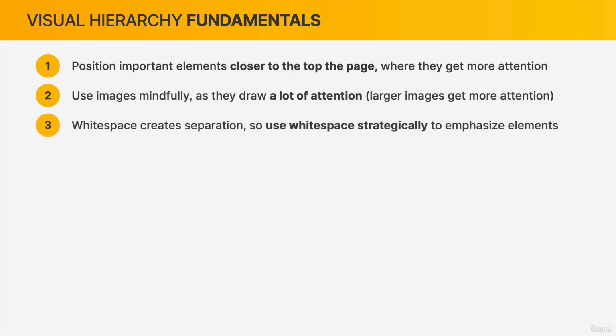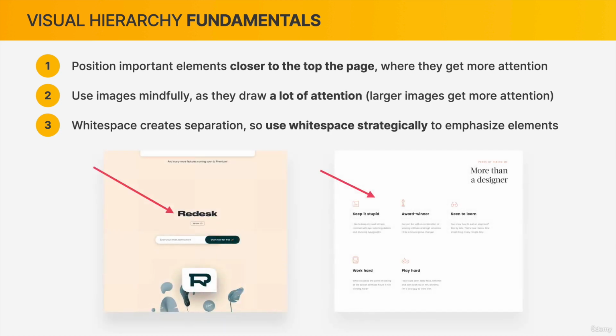Another way to emphasize elements or groups of elements is to use whitespace strategically. So as we learned before, whitespace creates separation between elements or groups of elements, and so therefore it is also extremely important in order to correctly define a visual hierarchy. So for example, in these 2 designs, they have a lot of whitespace around this most important part of this page.